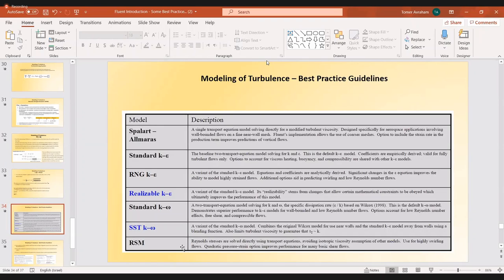We simply calculate the Reynolds stresses. The problem with the RSM is that it's very stiff. It has many coupled unknowns in the numerical solution.